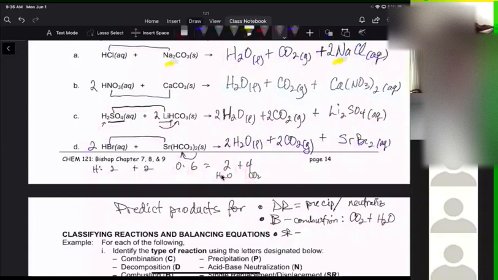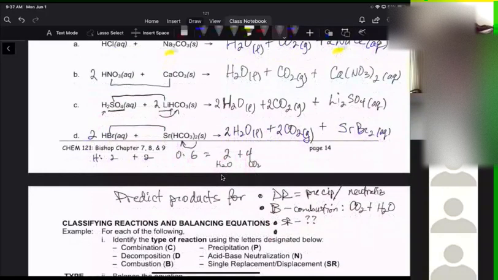So that's really like forming a neutral ionic compound. The last one is combination. Again, combination always just forms neutral compounds from ions. So those are the ones I will usually ask you to predict products for.